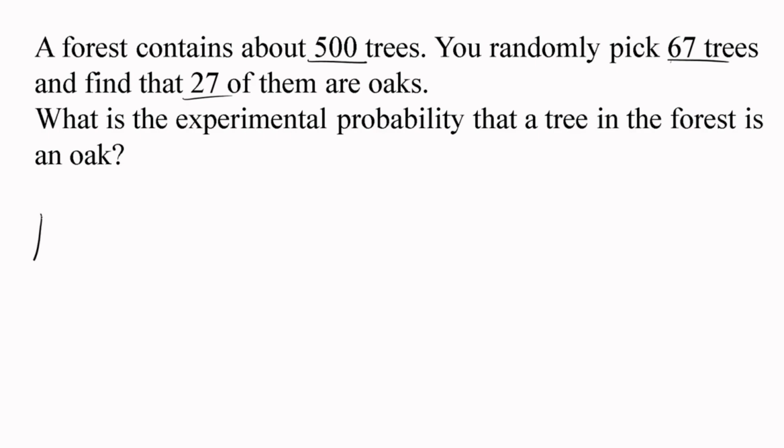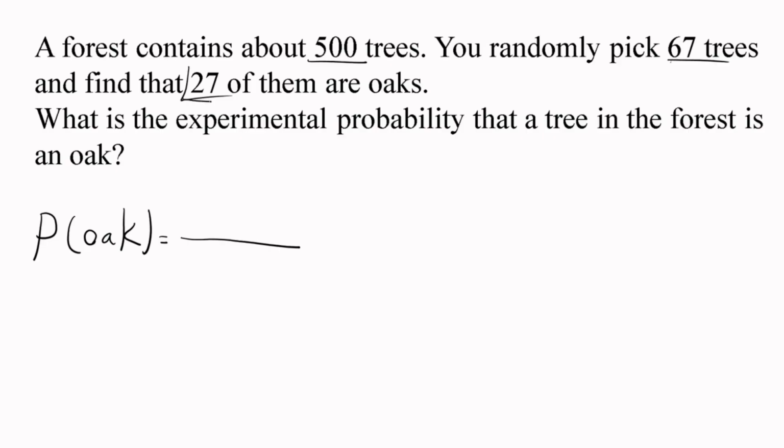So I'm gonna write P. I'm gonna find the P of what? Oak. And second of all, is it talking about experimental probability or theoretical probability? First of all, the question is saying find the experimental probability. And second of all, if the question didn't say, we could easily realize that it was experimental probability, because we conduct an experiment, we randomly pick some of the trees, okay? So, how many times did we find oak in the forest?